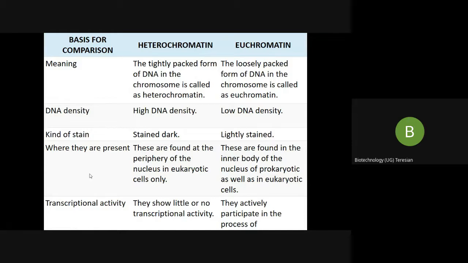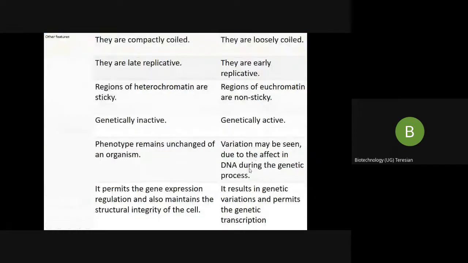The heterochromatin is found in the periphery of the nucleus in eukaryotic cells only, and euchromatin is found in the inner body of the nucleus of the prokaryotes and the eukaryotic cells.